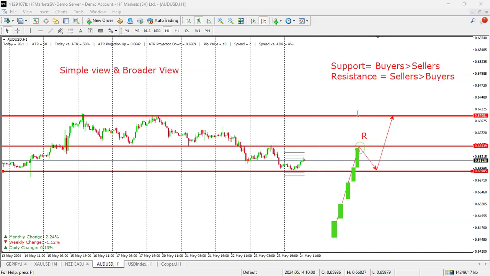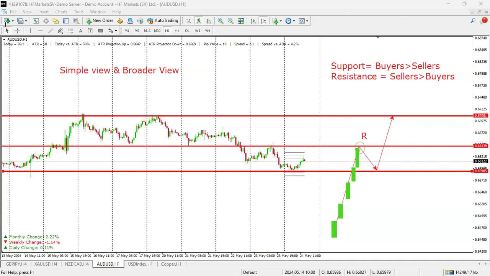The length or how long it is going to take is not in the hands of the resistance itself. Listen to this, I hope you're getting what I'm saying. That the resistance is going to alter the direction of price does not specify how long, neither does it specify how far it is going to get to.